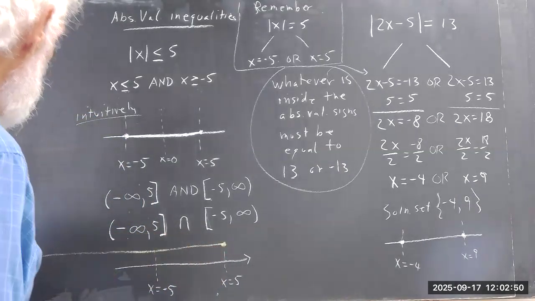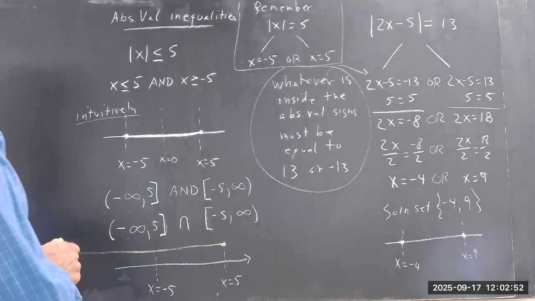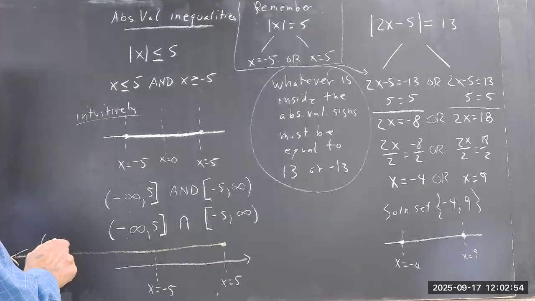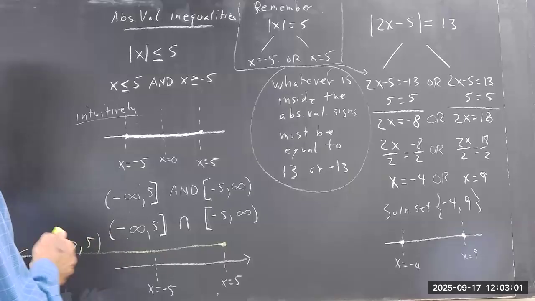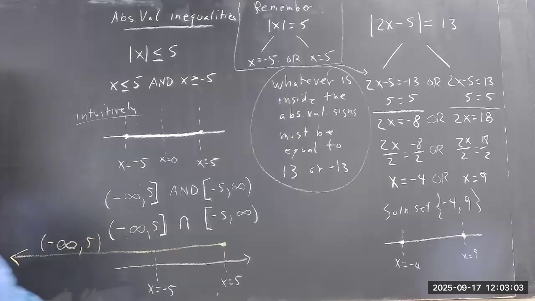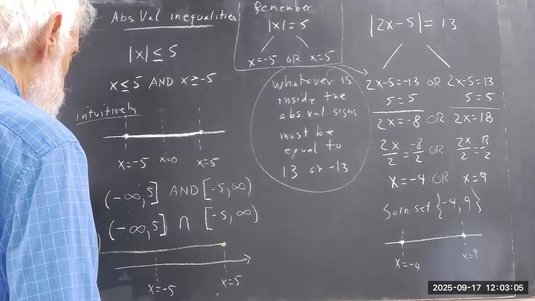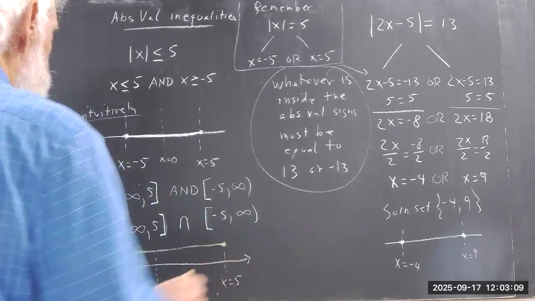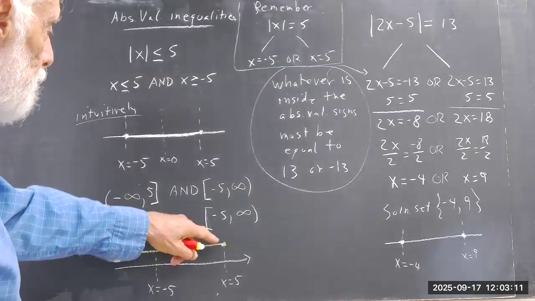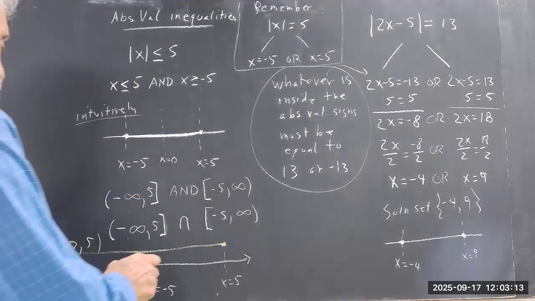But it's everything less than 5, isn't it? So this is the interval negative infinity to 5. And then we have the interval from negative 5 to infinity.